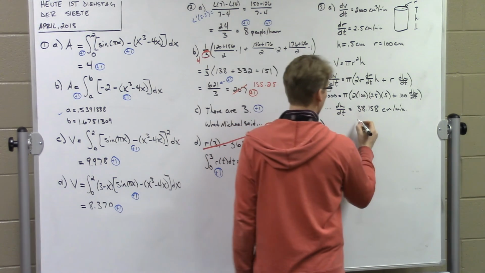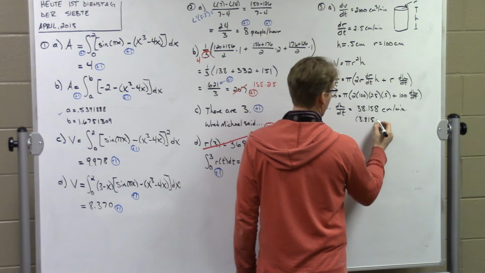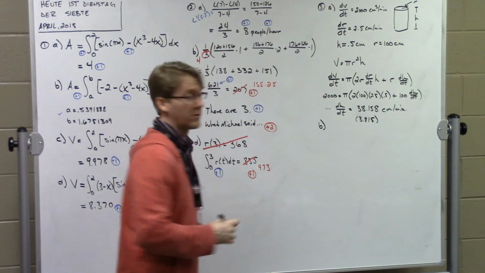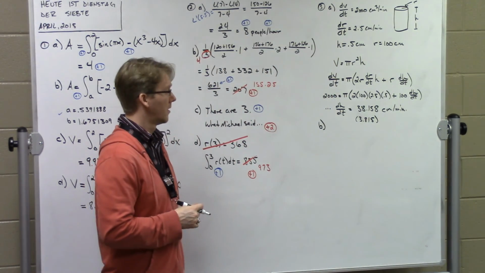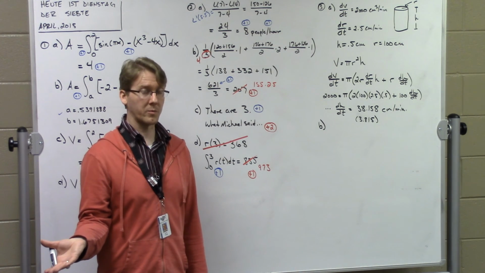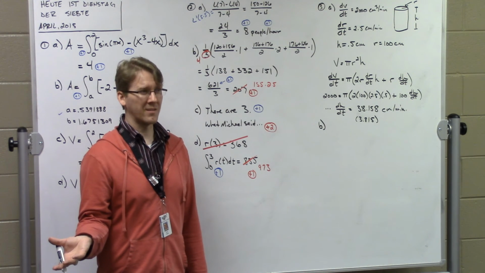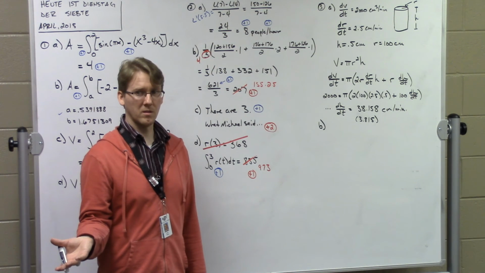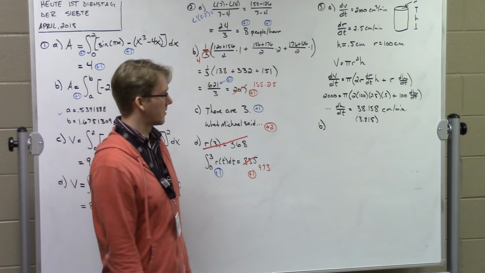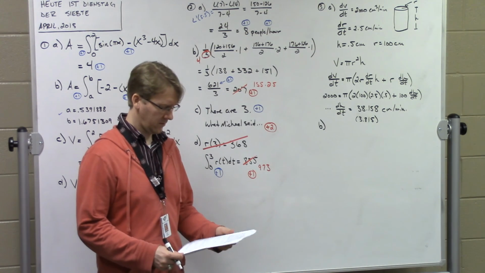Okay, if we're off by a decimal, that means there's a 10 floating around in there somewhere that's different between the two of you. Alright, we'll see what that is.